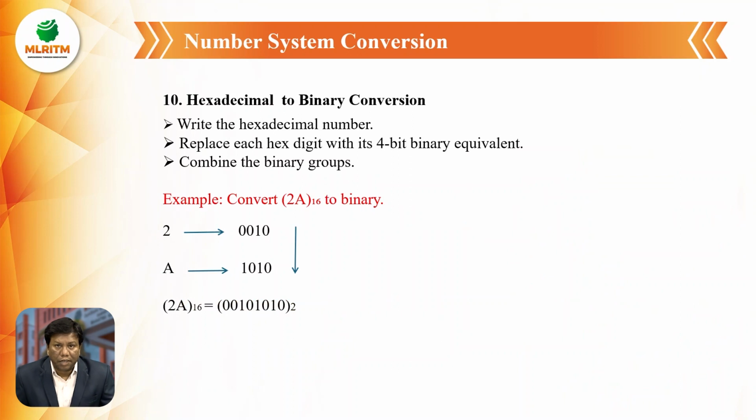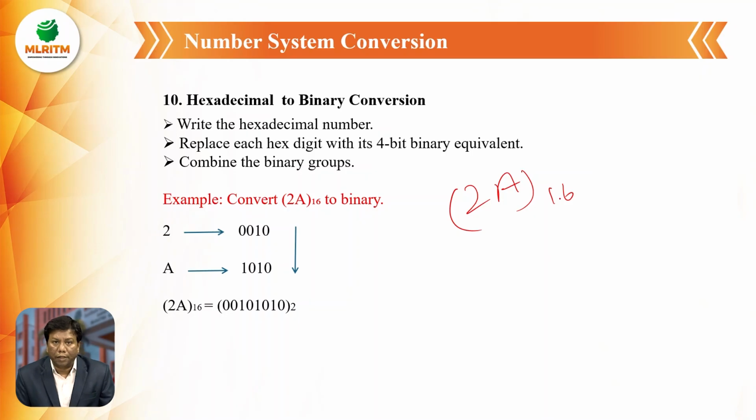Next conversion is hexadecimal to binary conversion. First step, write the hexadecimal number. Second step, replace each hexadecimal digit with its 4-bit binary equivalent. Then combine the binary groups. Example: 2A to the base 16.